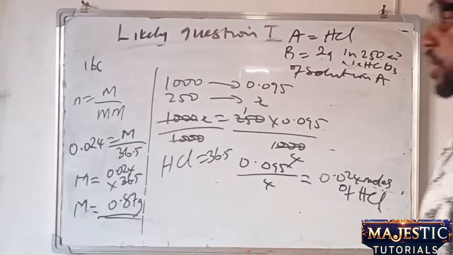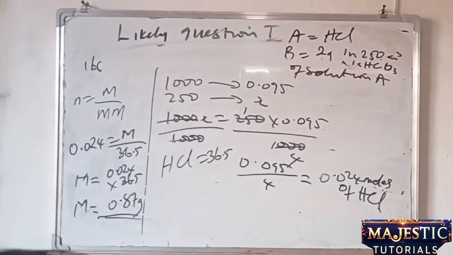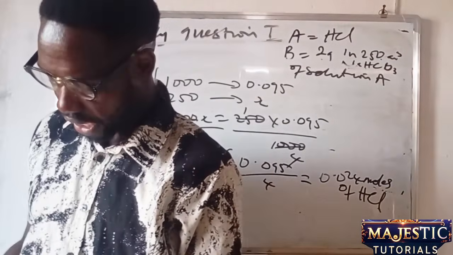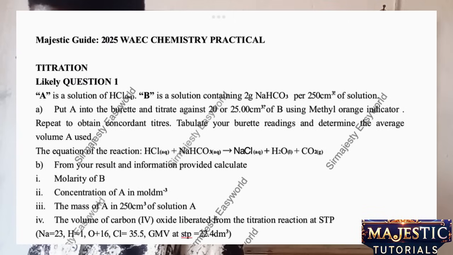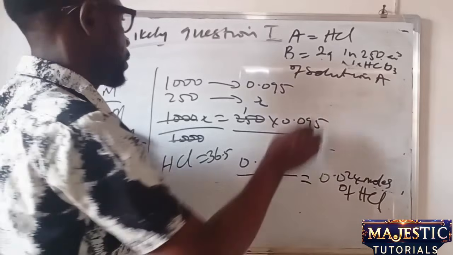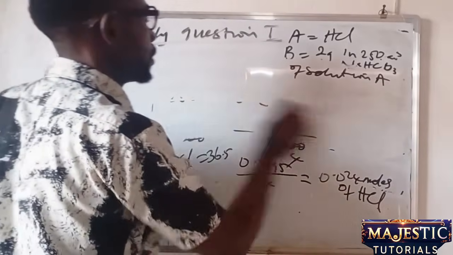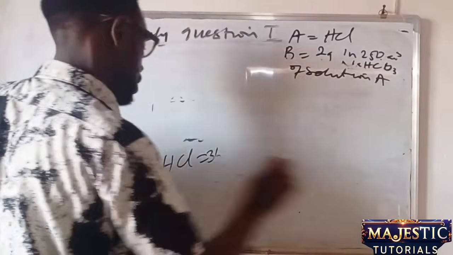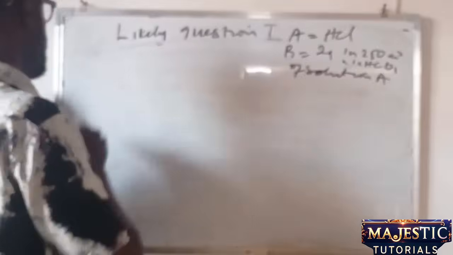Okay. The next question says the volume of carbon 4 oxide liberated from the titration reaction at STP. So the volume liberated at STP, the volume of carbon 4 oxide liberated at STP, that's 1BIV.